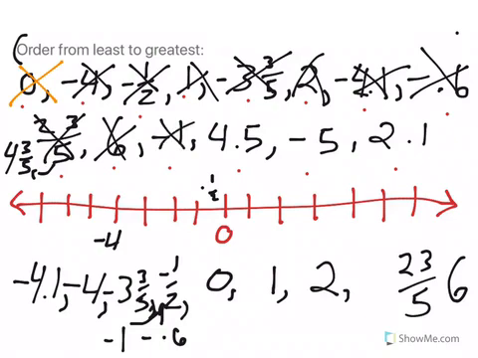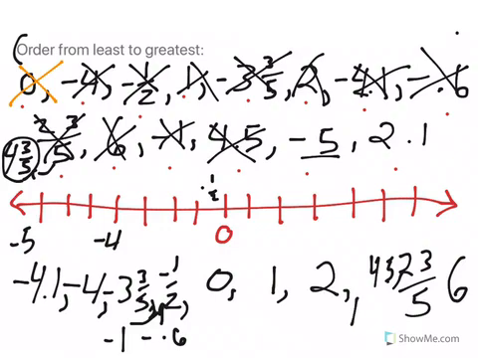4.5. Well, 4 and 3/5. 3 is more than half of 5. 4.5 is exactly halfway between 4 and 5. 3/5 would be more than halfway between 4 and 5. So I'm going to say 4.5 here. -5, nothing goes back farther than that, so that's going to be all the way down here. And then 2.1.